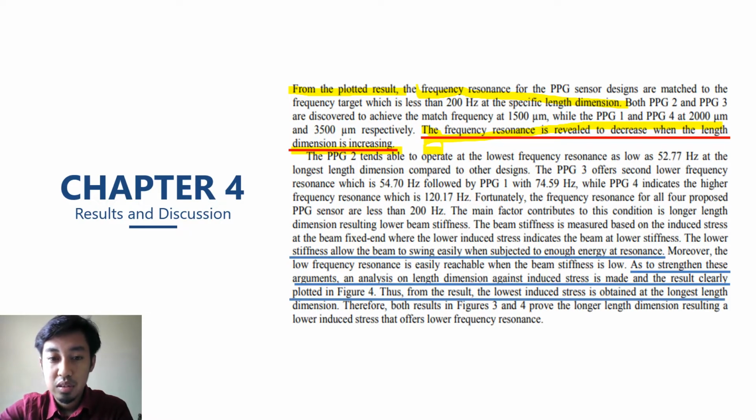So we continue. The PPG2 is able to operate at the lowest frequency resonance, as low as 52.77 Hz at the longest length dimension compared to the other designs. For the PPG3, it offers the second lowest frequency resonance, which is 44.7 Hz, followed by the PPG1 with 74.59 Hz, while PPG4 indicates the highest frequency resonance, which is 120.17 Hz.